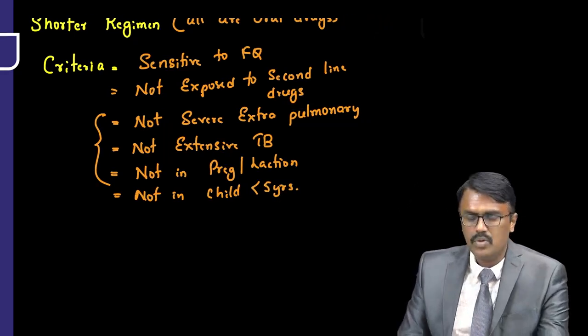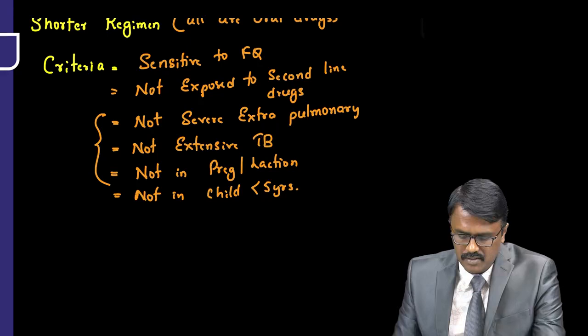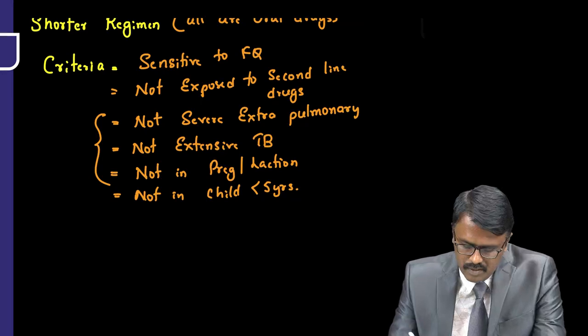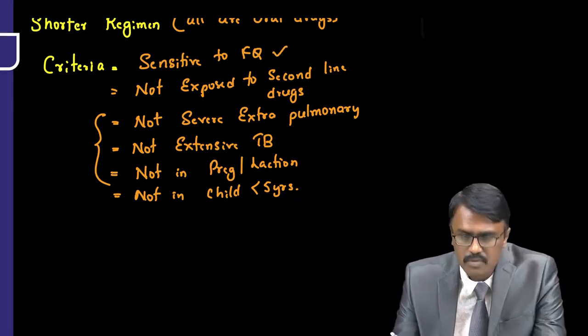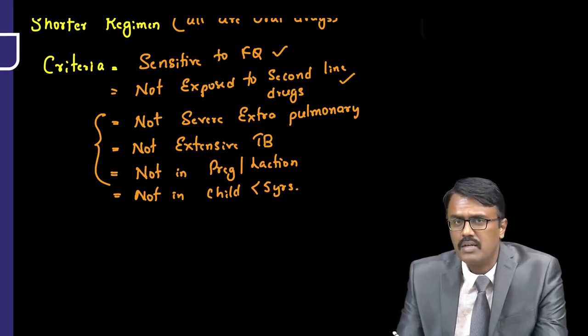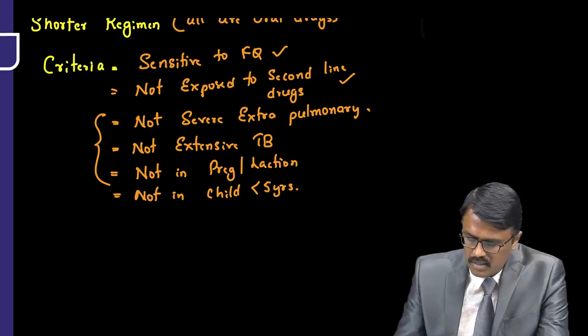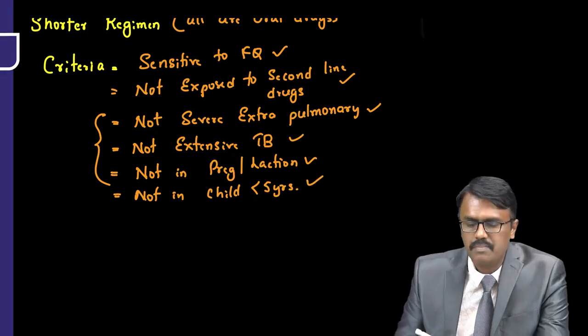So in them, don't use this regimen. You can use it in patients who are sensitive to fluoroquinolone. They are not exposed to second line. Even though they are exposed, it should be less than 1 month. So these are the criteria where you should not use them.